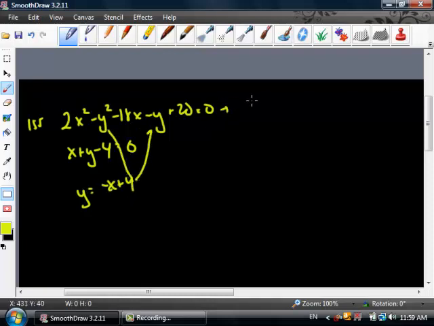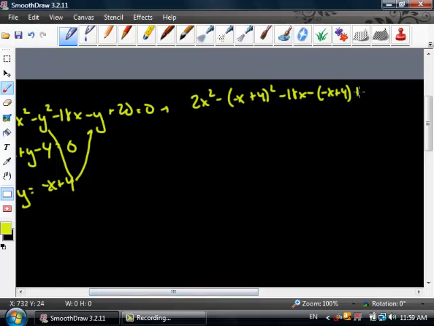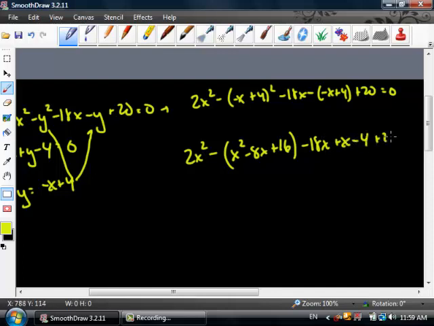So I end up with 2x squared minus parentheses negative x plus 4 squared minus 18x minus negative x plus 4 plus 20 equals 0. Okay, so what I get here is 2x squared minus, that is x squared negative 4x negative 8x plus 16 minus 18x plus x minus 4 plus 20 equals 0.